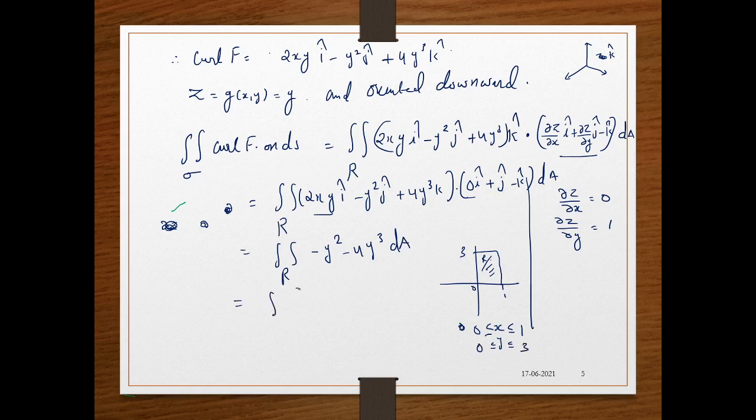So this is the integral from 0 to 1, from 0 to 3 of minus y squared minus 4y cubed dy dx. And tell me the answer.